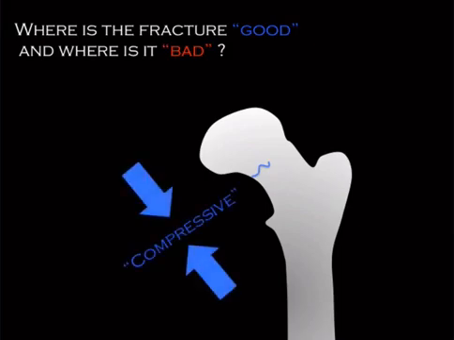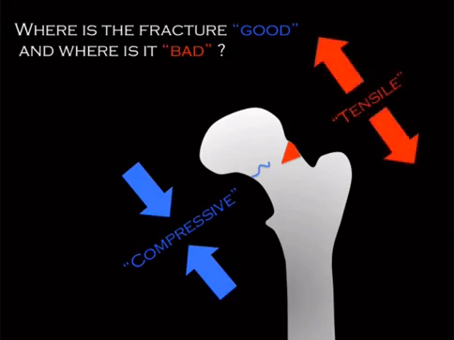So the way that you bear your weight actually helps pin that fracture together. This over here is considered the bad side. It's the tensile side, where the way that you bear your weight actually pulls the fracture apart. Now, tensile sides are treated more aggressively. They're pinned immediately. And the compressive sides are treated conservatively, and they're not pinned until it's like 50% of the width of the femoral neck.